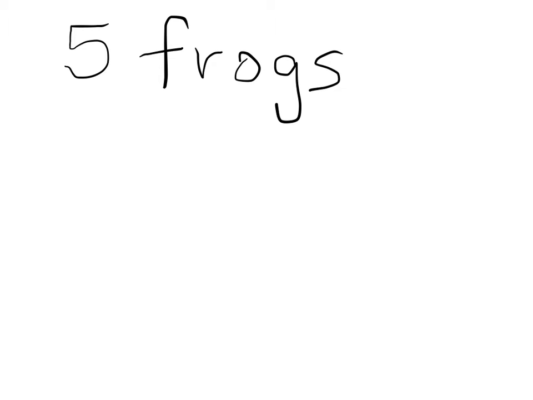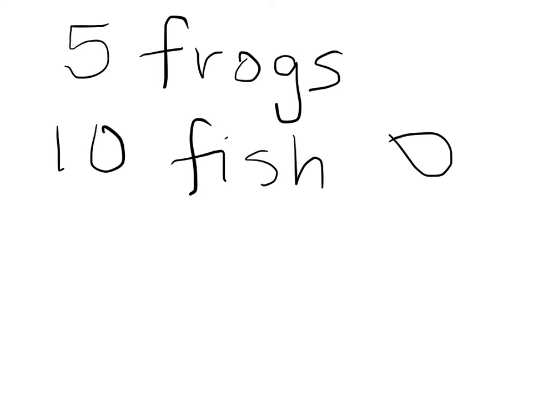Let's try a different set of numbers. Let's say in our classroom today we had 5 frogs, and let's say we had 10 fish. I can't draw a frog, but I'm going to do my quick fishy, okay?